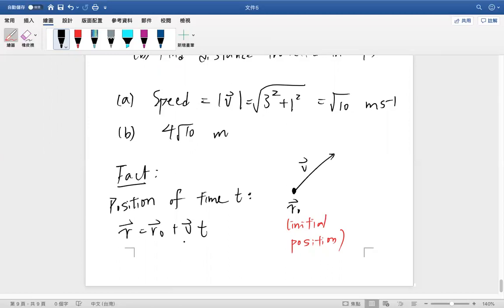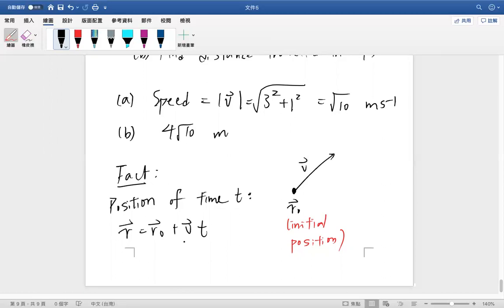Can you understand this formula? Let's test this formula for some t. For example, t equal to 0.